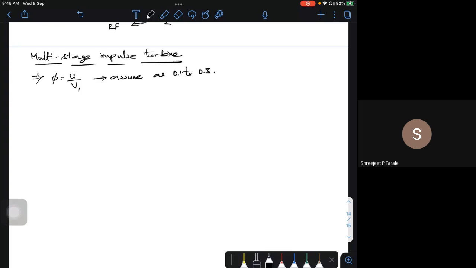For a single stage, it is 0.46. But if I go for multiple stages, they will start with any number between 0.1 to 0.3, and then they try to optimize it.